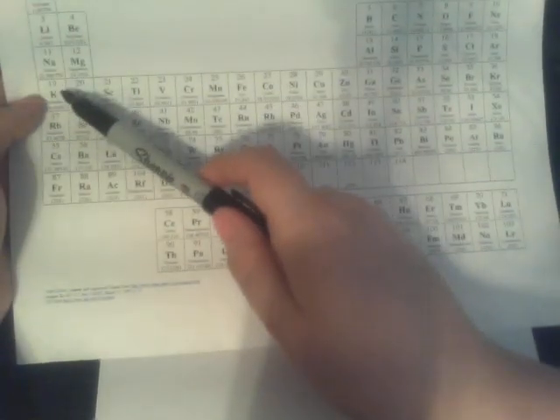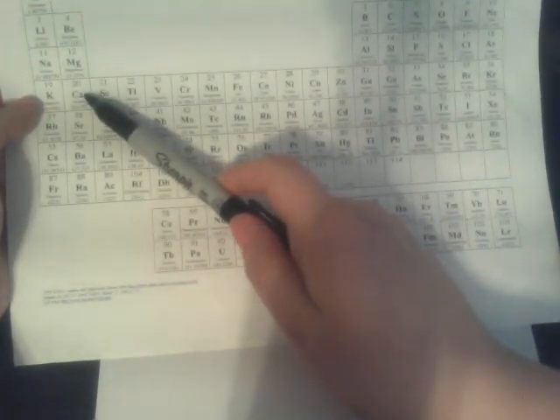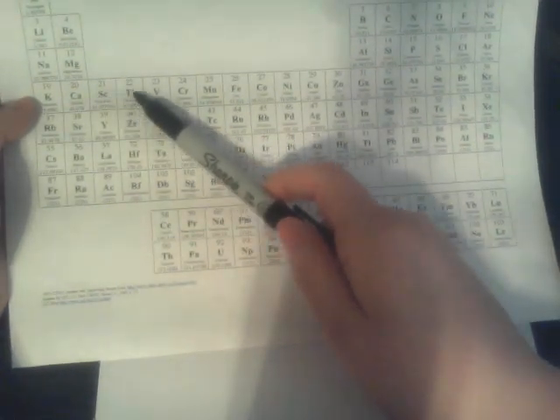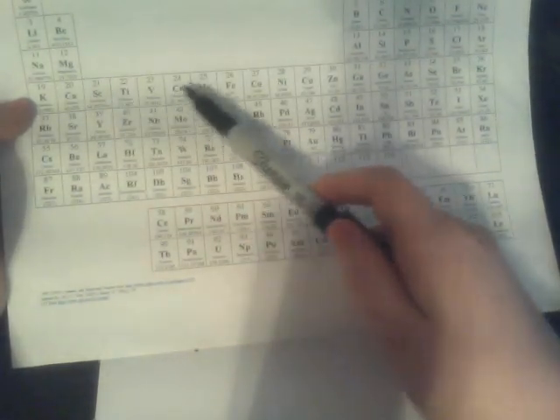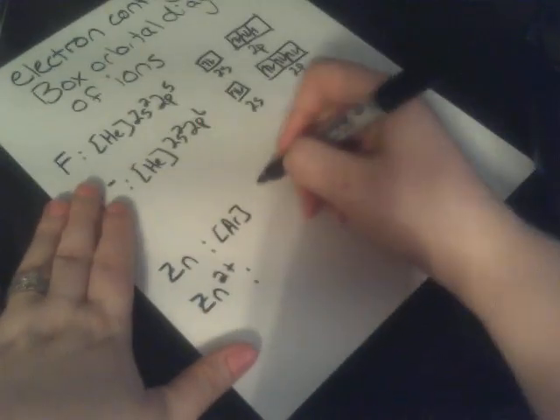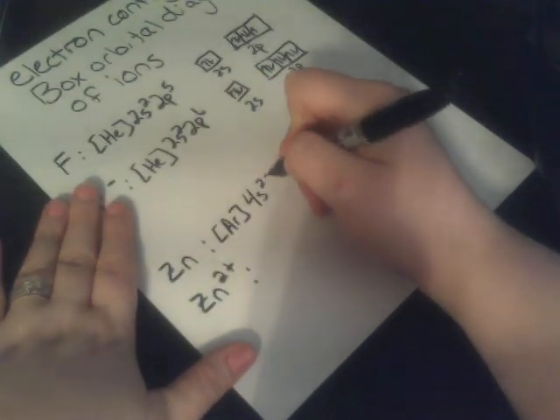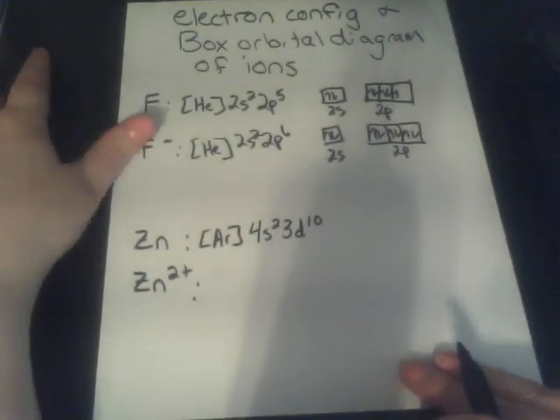So we're at argon, and then the next row is where my thumb is, K, and that is 4s1, 4s2, and then 3d10. So 4s2, 3d10, and we're at zinc. That's regular old zinc.